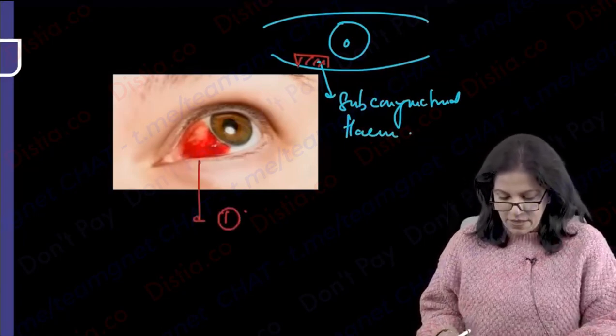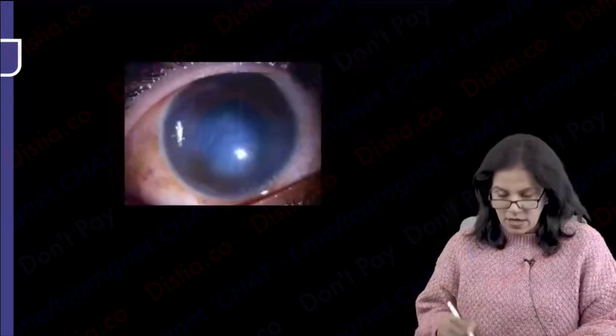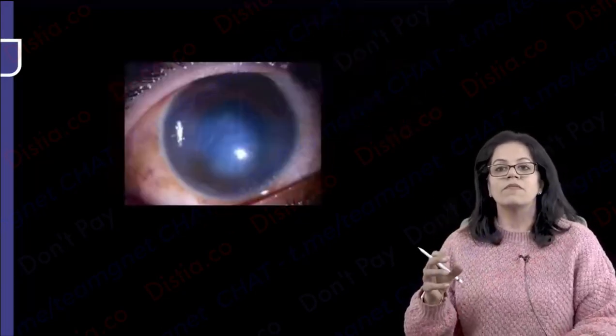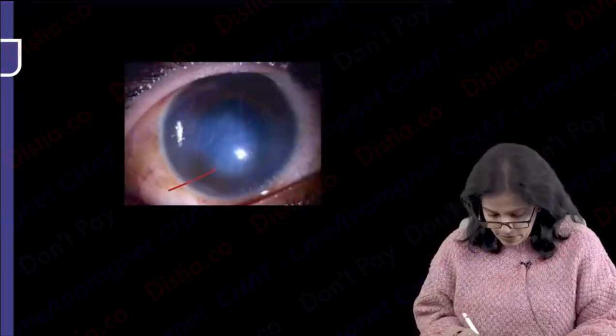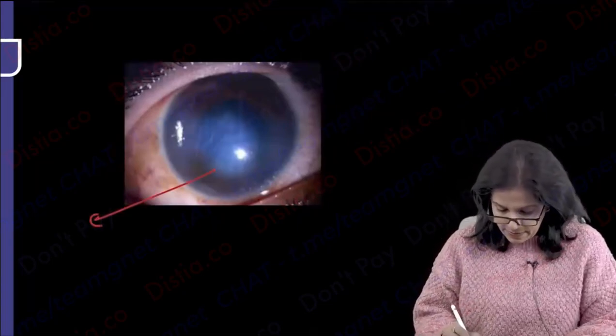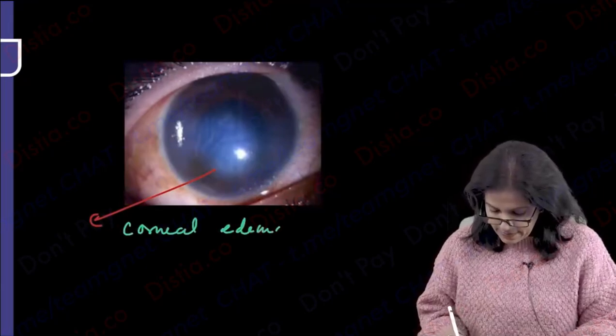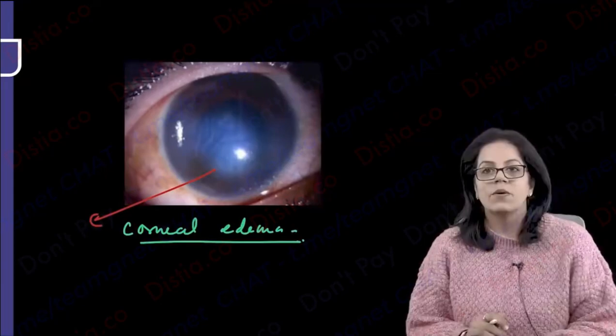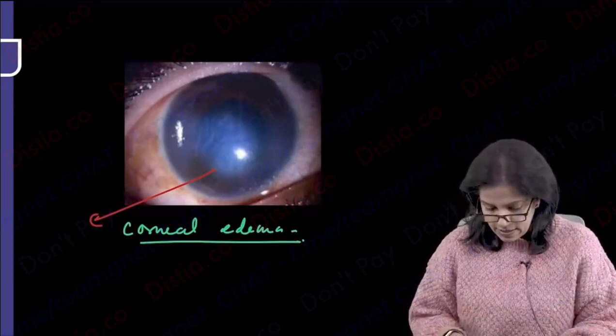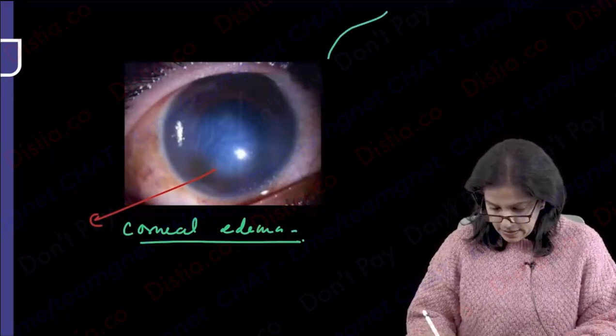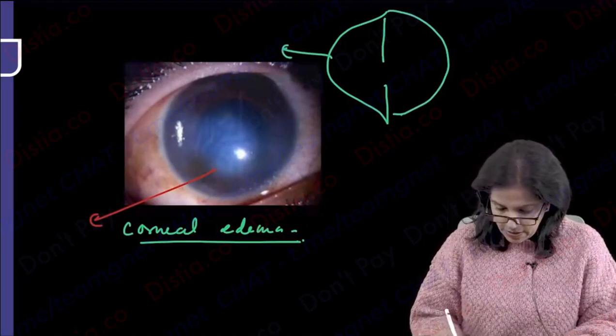Second, what next? On the cornea, due to the blunt trauma, we get corneal edema. So this is your corneal edema. Let's draw like this and show corneal edema here.